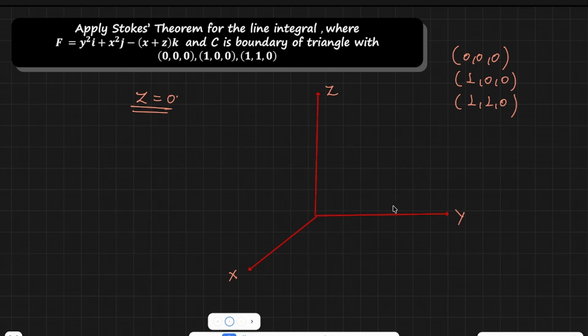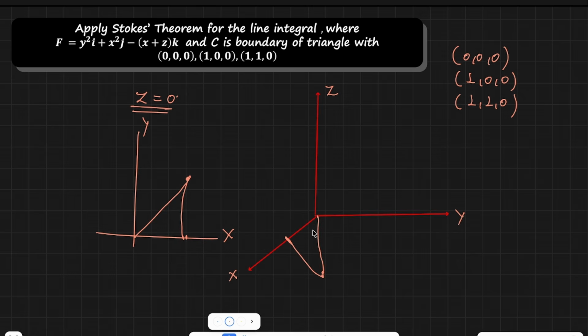If it is the xy plane, 1 comma 0 means x is 1, y is 0, and 1 comma 1 is this point. So basically this is the triangle, with this as x, this as y, 1 comma 1, and 1 comma 0.